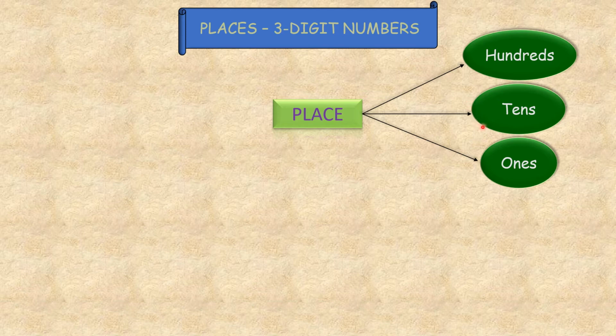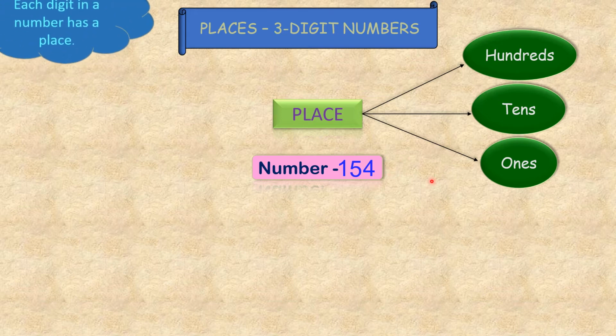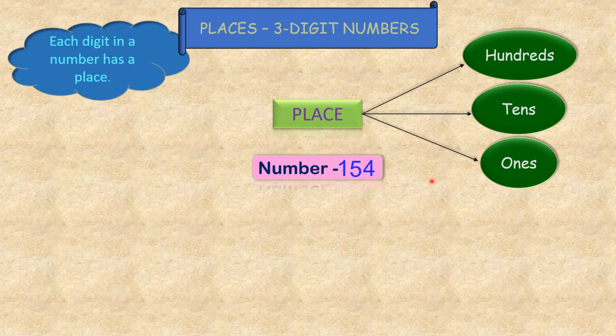And the houses become bigger as you go towards the left-hand side. So tens house is greater than ones house and hundreds is greater than tens. Let's have a number, 154. Whenever you write a number, each digit in a number has a place.